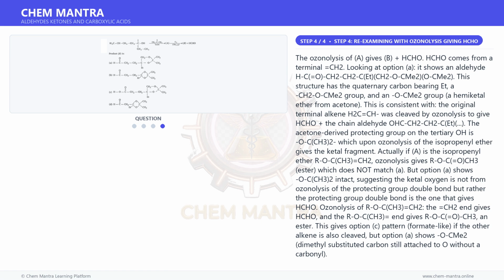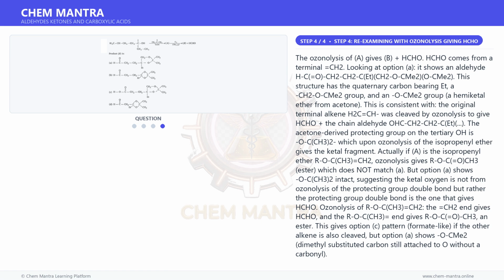Wait, looking at structure A again, the quaternary carbon has CH2O, CMe2, O, CMe2, and CH2, CH2, CHO. The CMe2 is bonded to both an O from CH2O and an O from the direct CO linkage. So CMe2 is part of a cyclic structure, C quaternary, O, CMe2, O, CH2, C quaternary, forming a 5-membered ring, a 1,3-dioxolane. So A is a 1,3-dioxolane, a cyclic acetal, formed between the tertiary O and the CH2O.